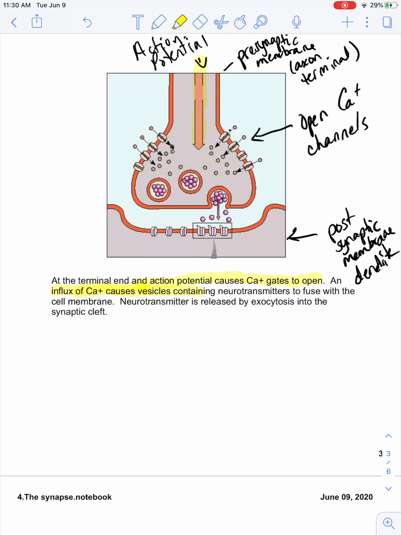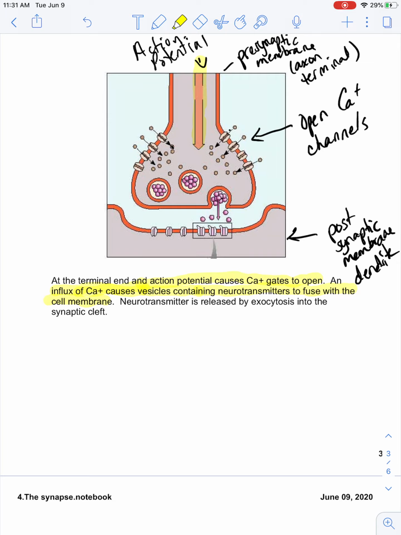And that causes vesicles. Remember, vesicles are made up of that lipid bilayer. You got to think way back to our first unit where we talked about the different organelles and their function. So vesicles store substances in them. In this case, they store neurotransmitters. And the influx of calcium causes the movement of those vesicles containing neurotransmitter to move to the cell membrane.